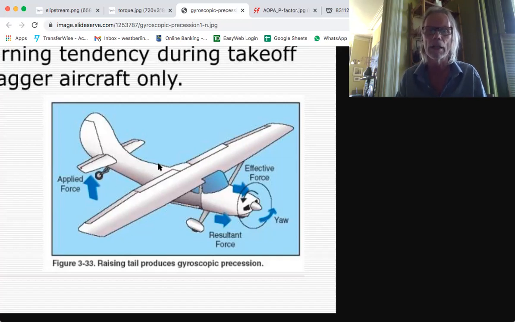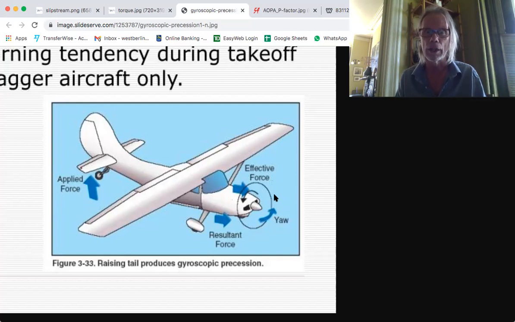What that does is it puts the force as if you were pushing at this part of the propeller, because the nose comes down along the lateral axis. As the propeller spins 90 degrees, the resultant force happens 90 degrees from the top, which of course will yaw the nose and the propeller to the left.